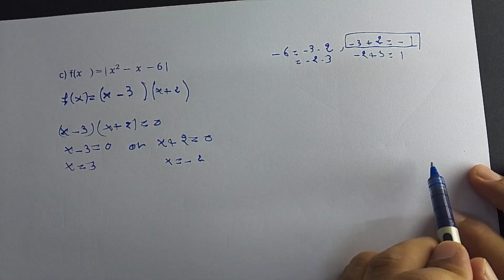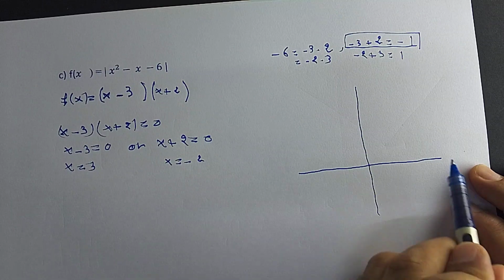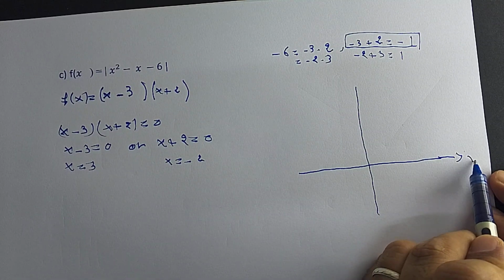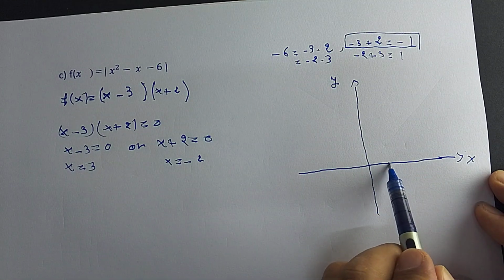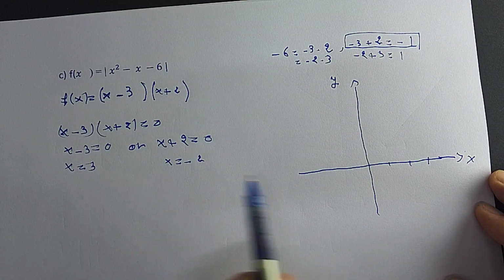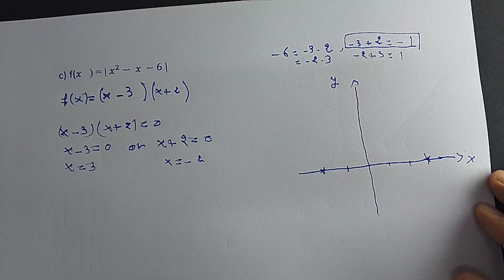When we plot the x-axis and y-axis, here 3, and minus 2, these are the two points.